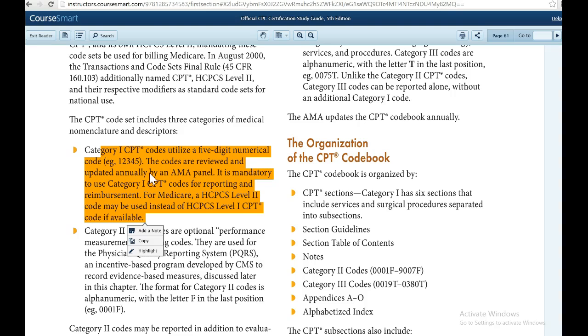You remember the AMA owns CPT, so they don't post them on websites. They are who are over the CPT code, so remember that. For Medicare, a HCPCS level 2 code may be used instead of a level 1 CPT code if it is available.